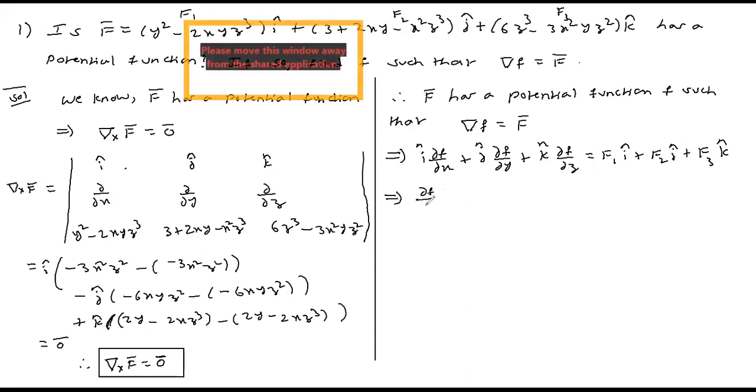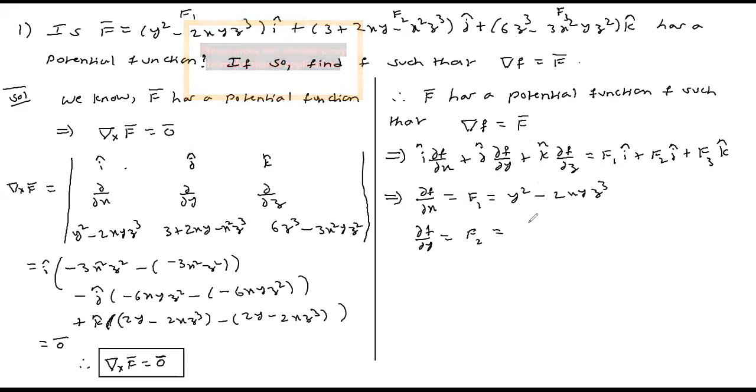Dou f by dou x must be equal to f1. What is f1? First component is y square minus 2xyz cube. And dou f by dou y must be equal to f2. So what is f2? 3 plus 2xy minus x square z cube.